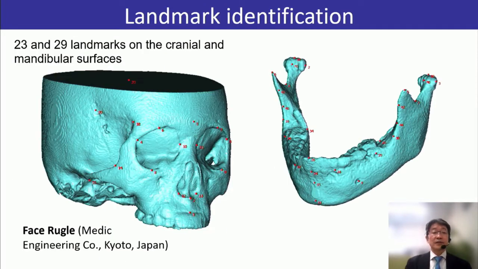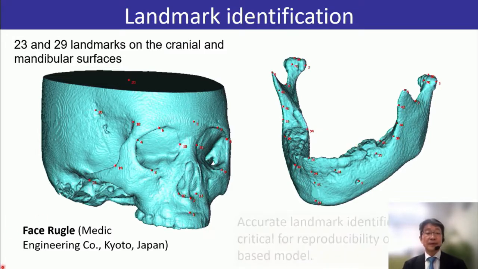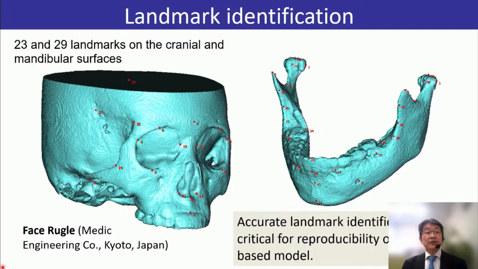In this process, we used 23 and 29 landmarks in the maxilla and the mandible respectively. And accurate landmark identification is critical for the reproducibility of the surface-based models.